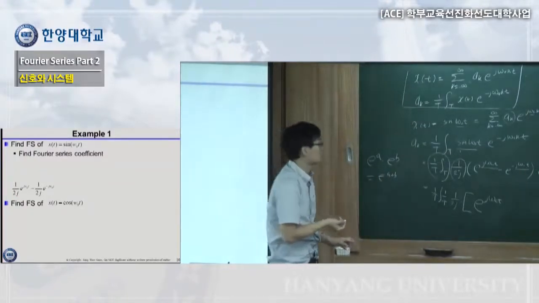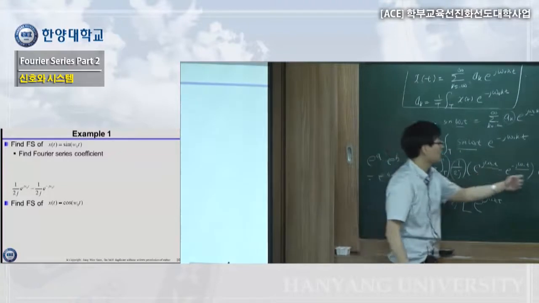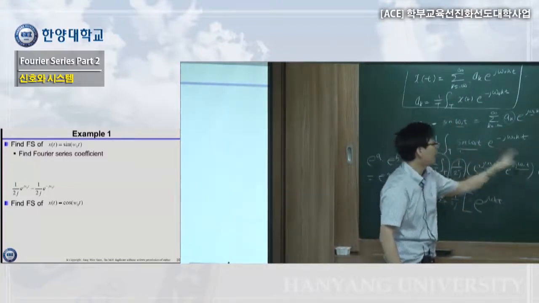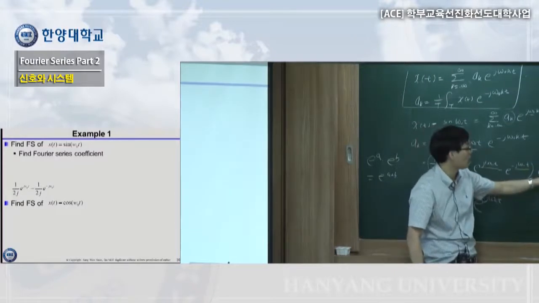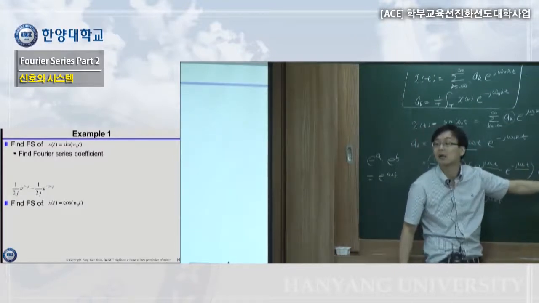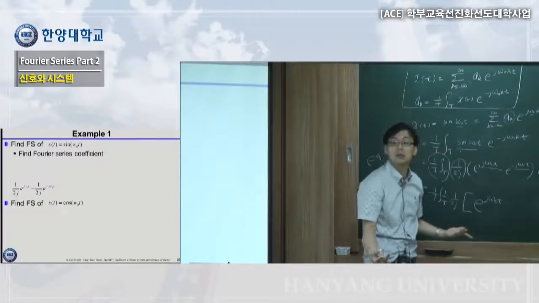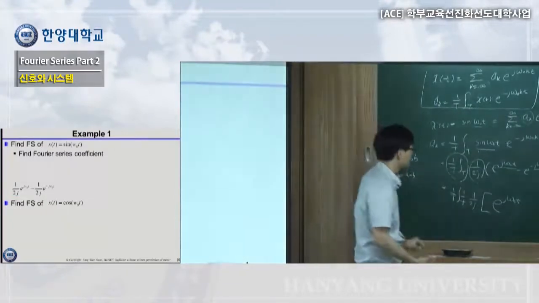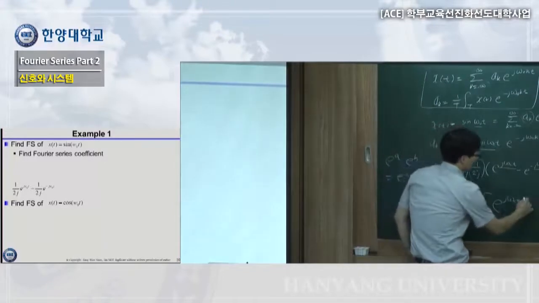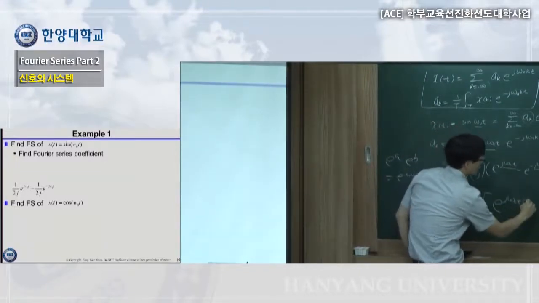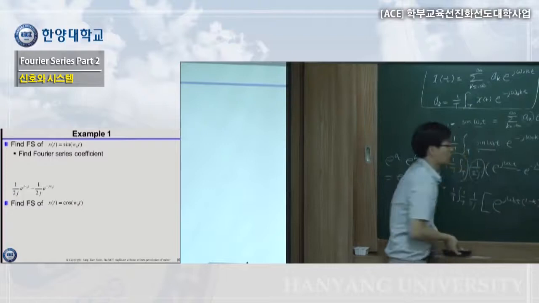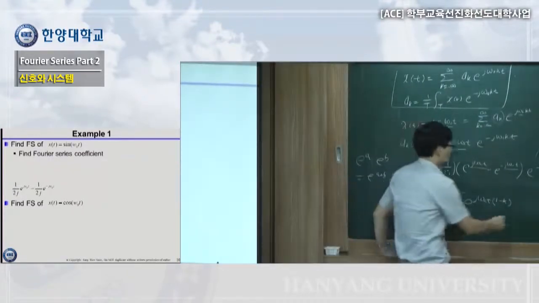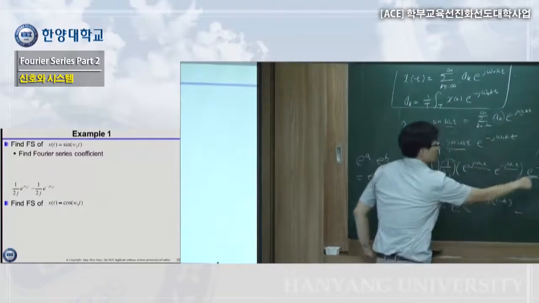Using this, if you multiply these two, there will be j omega 0 t minus j omega 0 k t, so that looks like a 1 minus k form. And how about this one?